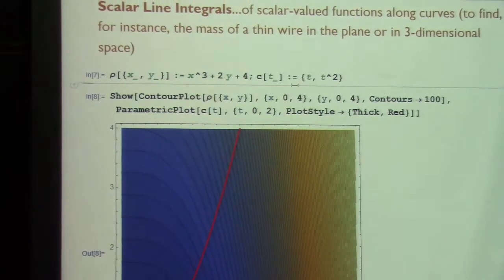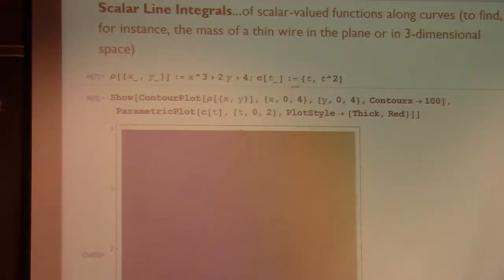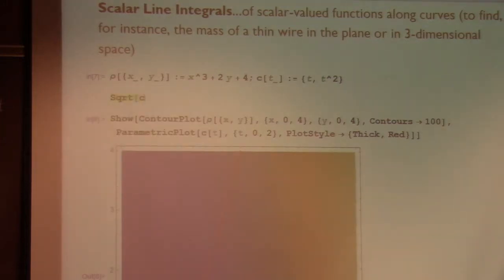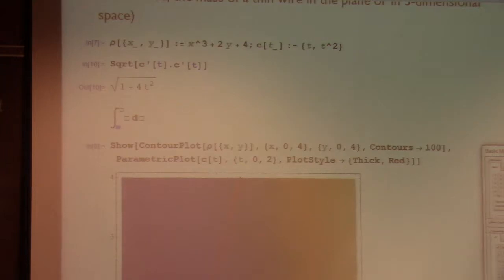Let's get mathematically to do this more precisely. I'm going to turn the light back on so I can see my keyboard. The function we're integrating, let's look at the speed function here: square root of c prime dot with itself. That'll be the speed. That's the function we can integrate to find the length. t goes from 0 to 2. Integrate that function to find the length.